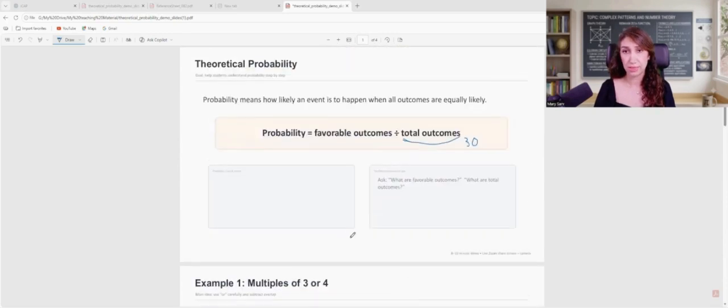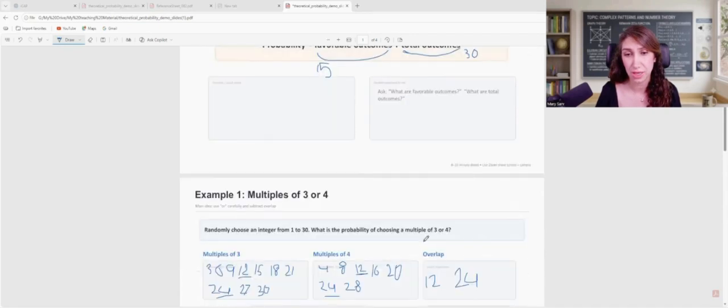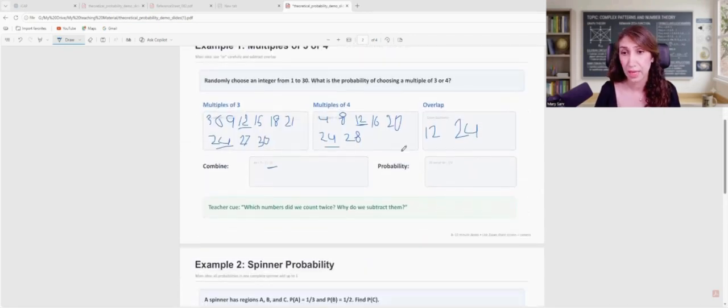So let's get back here. What is the favorable outcomes? Yes, the favorable outcome is 15. And what's our probability?